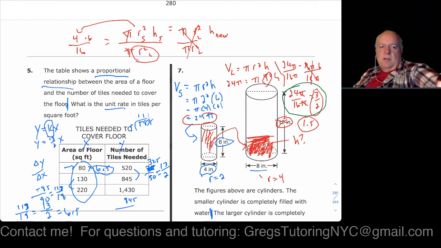We could have also kind of looked at this another way. And this one's kind of weakish, but if we basically compare the radius of the large to the radius of the small, right, we notice that there's a 4-to-1 ratio between the two of those, right?